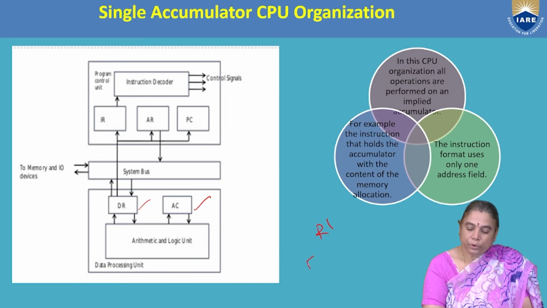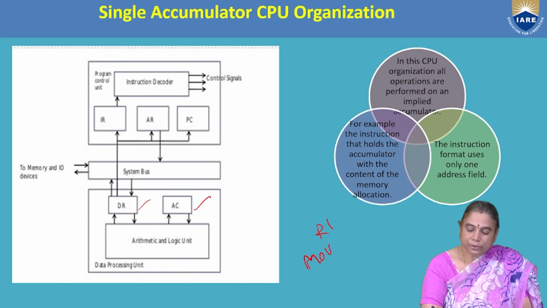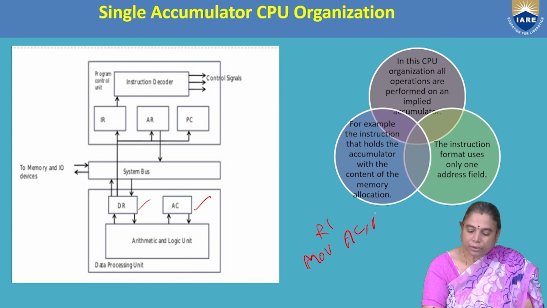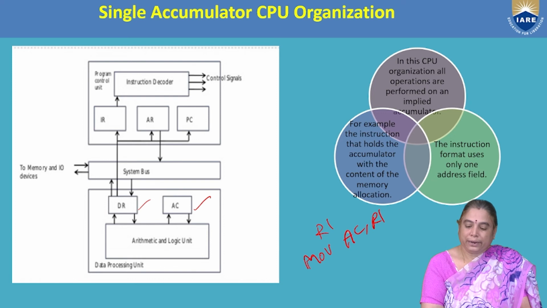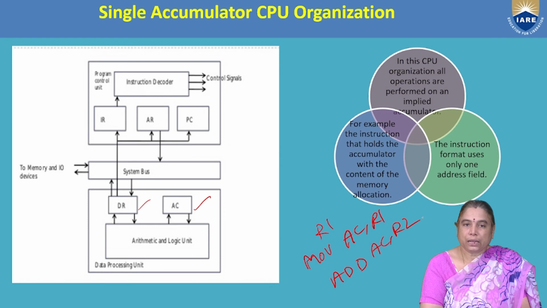First we have to move the first number to the accumulator, so the accumulator contains the value. The first number is moved to the accumulator, and we can add directly the second number that is stored in R2. The first number is held in the accumulator, and we perform the addition operation with one operand in the accumulator and the second number in R2.